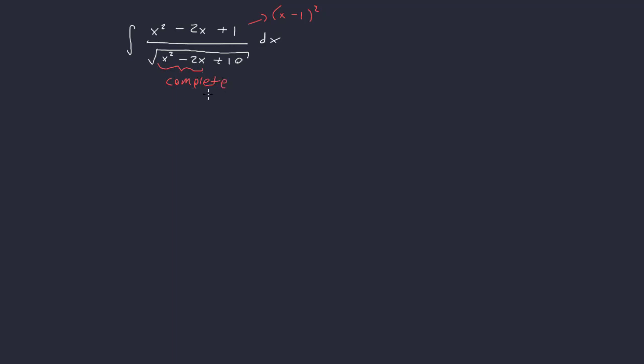All right, so we're going to try to complete the square, and it's actually kind of nice because we already know what would be a perfect square. The perfect square for x squared minus 2x is the plus 1, since that will factor into x minus 1 all squared. So if we had a 1 right here instead of a 10, that would be great. So that's what we're going to do. I'm going to do this over here, so I'm not working with the square root anymore.